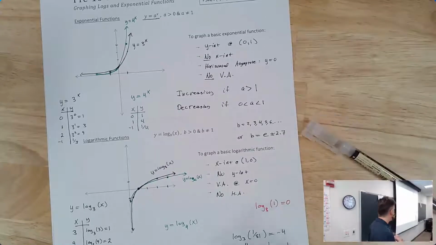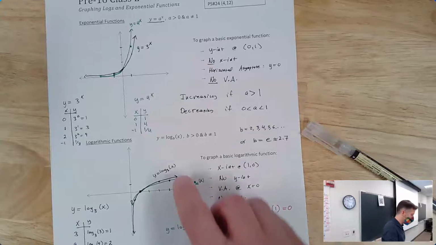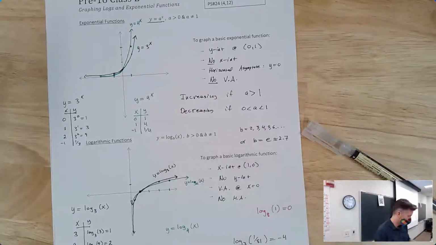So what we see for logarithms is the smaller the base, the steeper the logarithm, and the bigger the base, the shallower the logarithm. Or another way to think about it is the logs with the bigger bases grow less quickly because x has to be much larger to get a bigger output. Right? Here, x had to be 4 to get 1. Here, x had to be 3 to get 1.